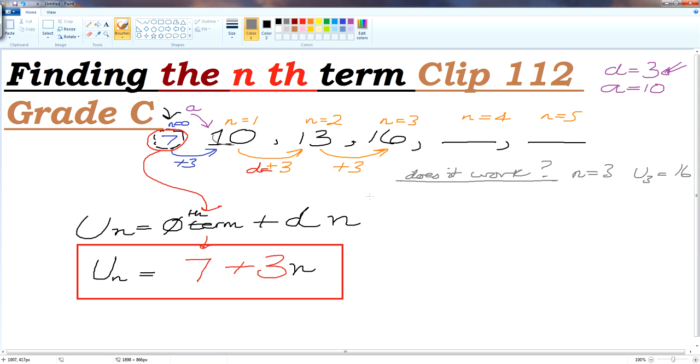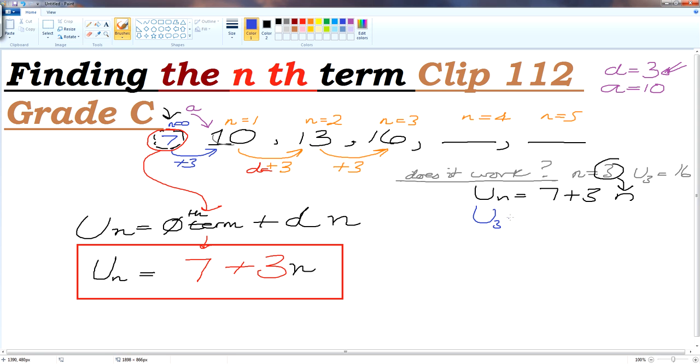So you have to check that now. Our formula says u_n is equal to 7 plus 3n. Now what is the value of n in this case? 3.